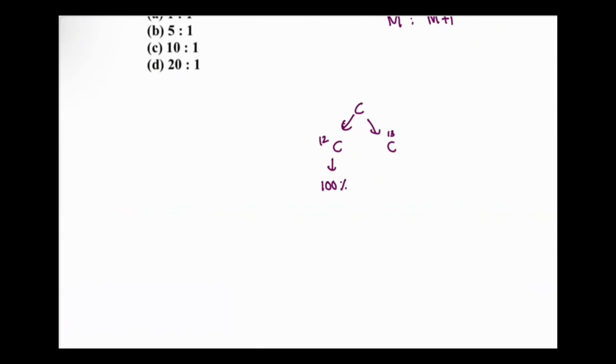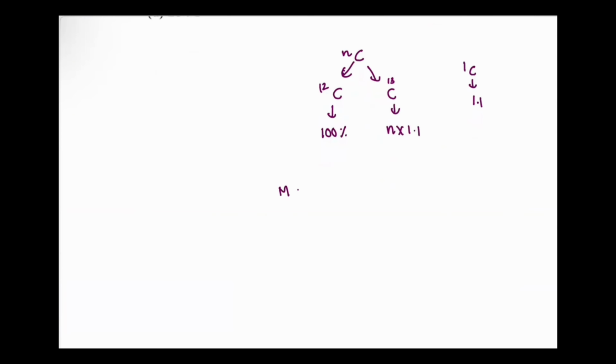And now for carbon 13, if you are having only one carbon in the molecule, for it to be present in carbon 13 form, the ratio is 1.1. So if you are having n carbon in the molecule, the ratio will become n into 1.1. Okay. So now the ratio of M is to M plus 1. Here M corresponds to carbon 12 peak and M plus 1 corresponds to carbon 13 peak. It will be 100 is to n into 1.1.